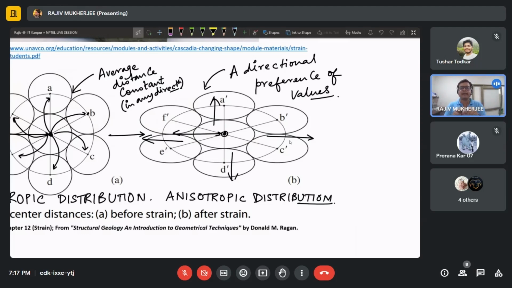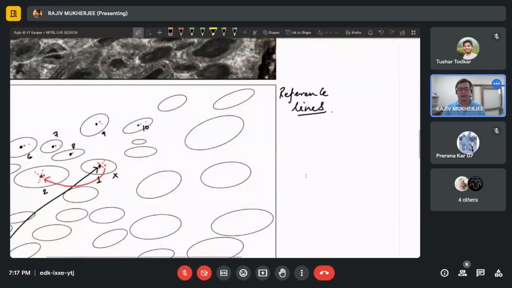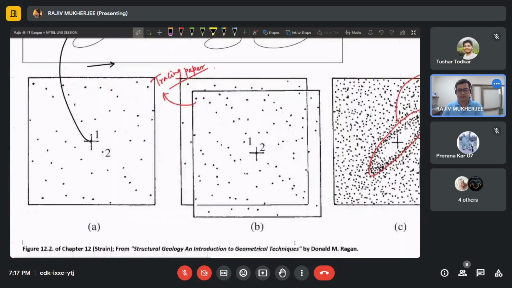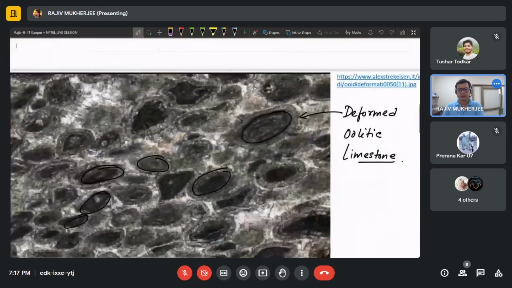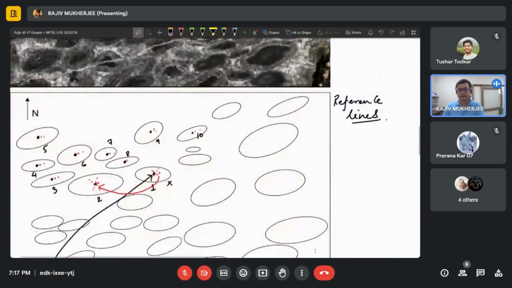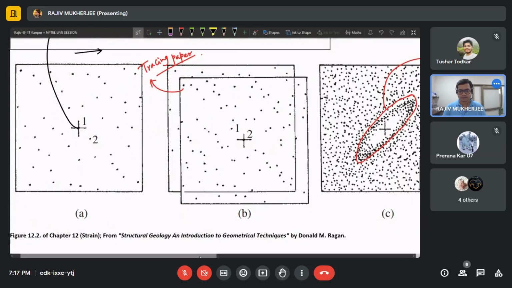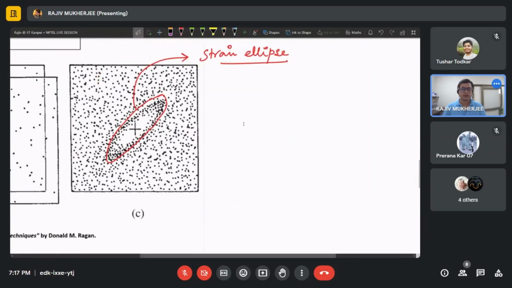So this exercise is performed like this, and eventually we generate a void space. This void space is like this. So this void space is the strain ellipse.